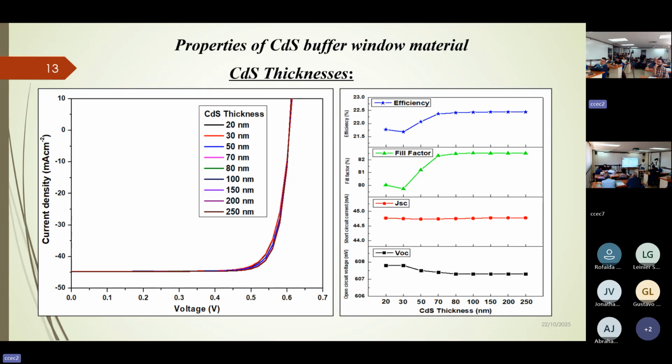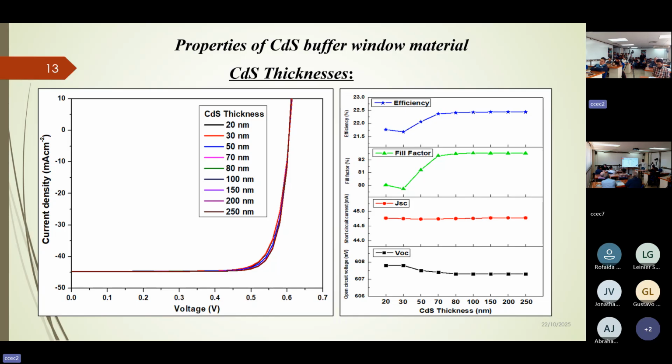Initially, with very low thickness you have very low efficiency, because a very low thickness might decrease the shunt resistance, so you might have an alternate path for the generated charge carriers. After that, the efficiency increases.